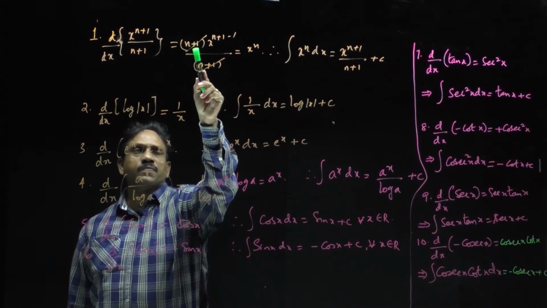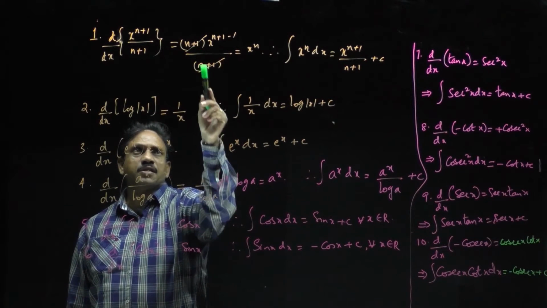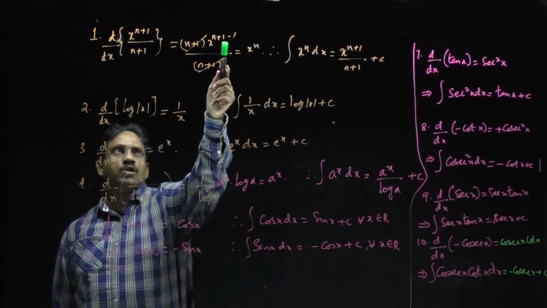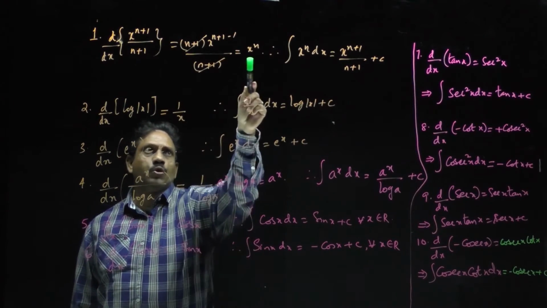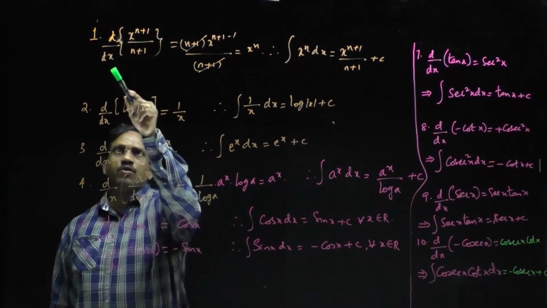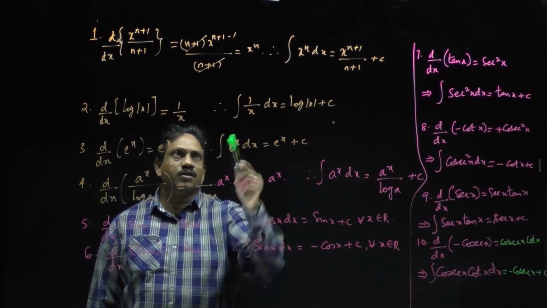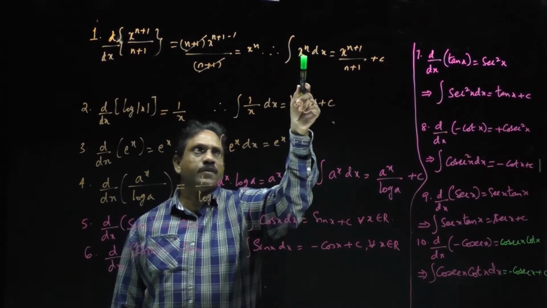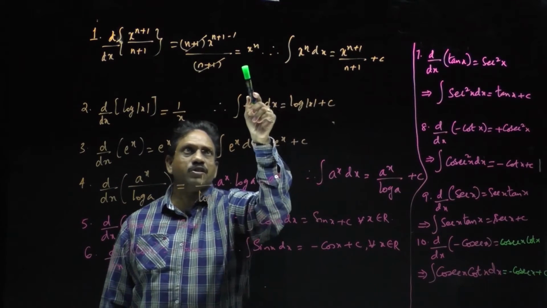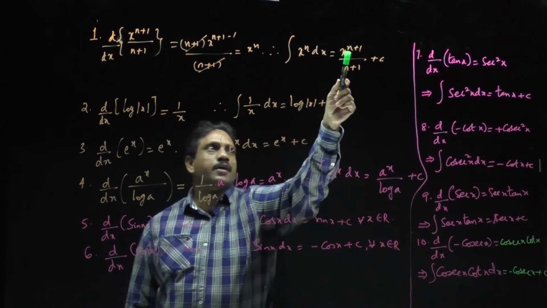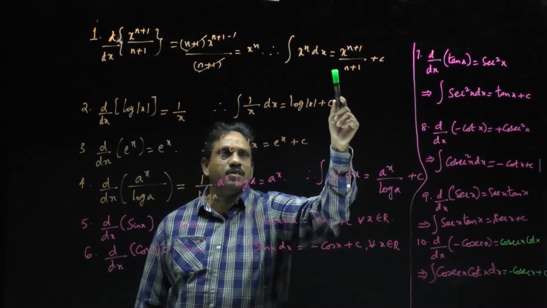Clearly the n plus 1 in the numerator and the denominator cancel, and also plus 1 minus 1 cancels. What you get is x power n. So the derivative of x power n plus 1 by n plus 1 is x power n. Therefore, the integration of x power n dx is x power n plus 1 by n plus 1 plus c.